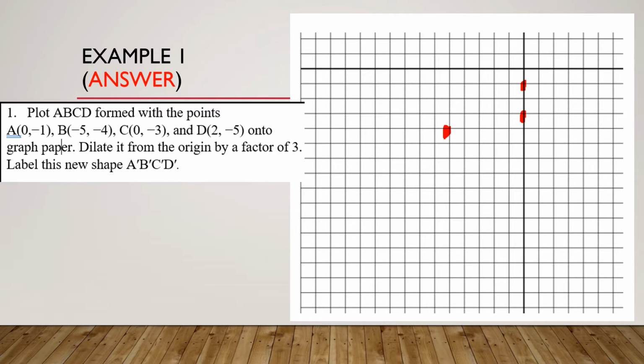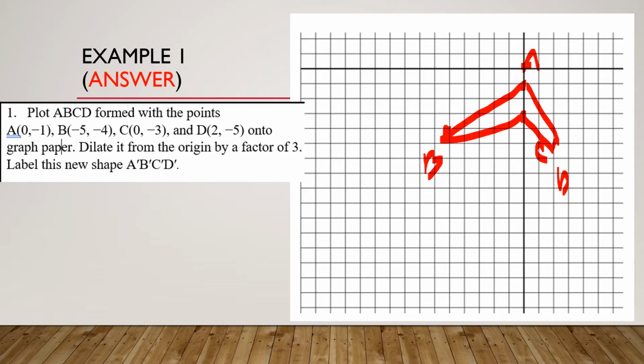And then D is, so this was A, B, C, and then D is 2, -5. So right 2, down 1, 2, 3, 4, 5. And that is D. Then we would go ahead and connect our points. We have A, B, C, D.